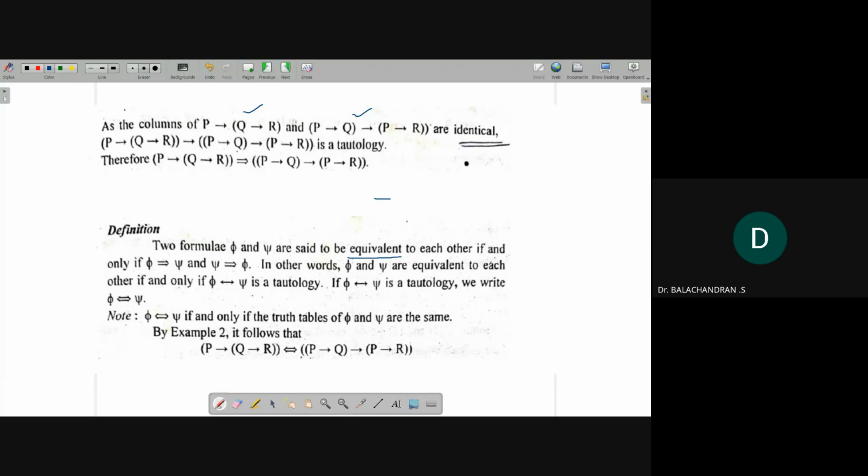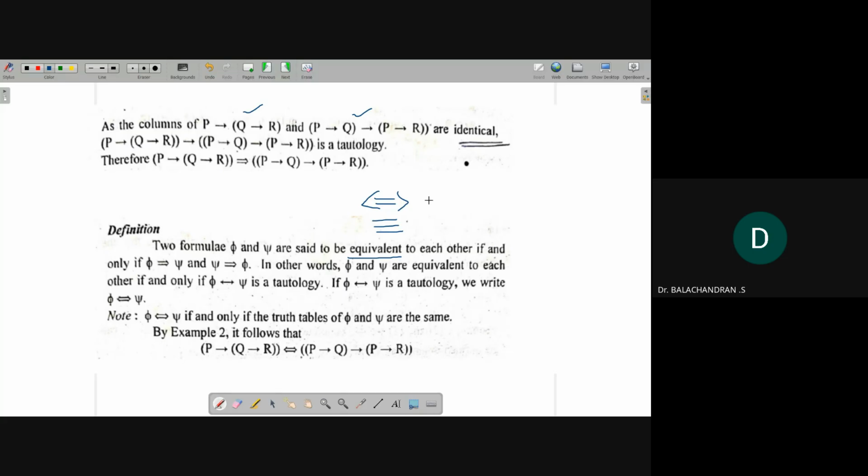They'll put it like this. This is equivalent. Or sometimes they will use this symbol also. Both of them are the expressions for equivalent.